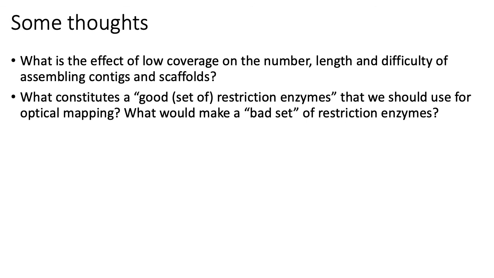And so, if your goal is to generate cuts that maximally allow you to overlap restriction site cuts that you see on an optical map with those that you predict bioinformatically using your assembled genome, then what are the factors that you have to consider? Do you want to maximize the number of cuts that you make anywhere in the genome, or is making too many cuts bad? What about making too few cuts?